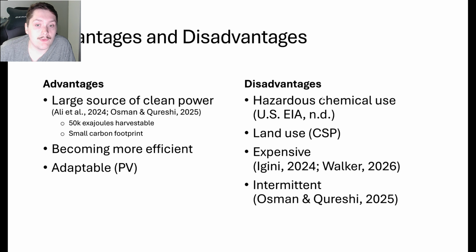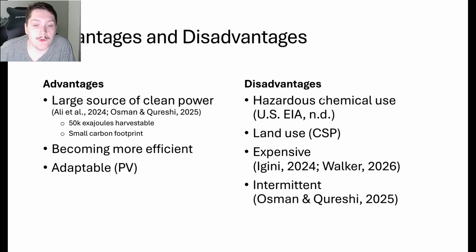So only about 50,000 is harvestable, but to put that into context, in 2025, the entire world consumed about 460 exajoules. So we can harvest about 100 times more than we actually consume. We just have to build the infrastructure and more solar power cells to do so.